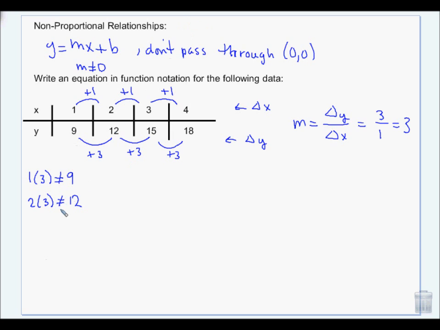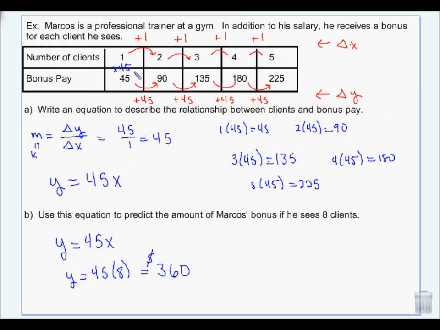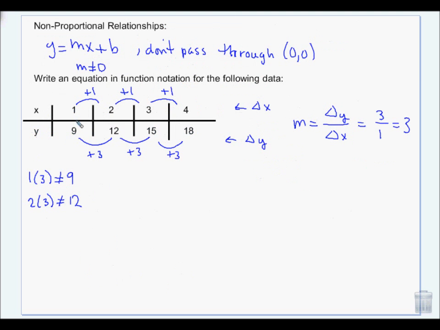Let me go backwards for a second. When I did 1 times 45, I get 45. 2 times 45 is 90. But 1 times 3 is not 9, 2 times 3 is not 12, 3 times 3 is not 15, 4 times 3 is not 18.